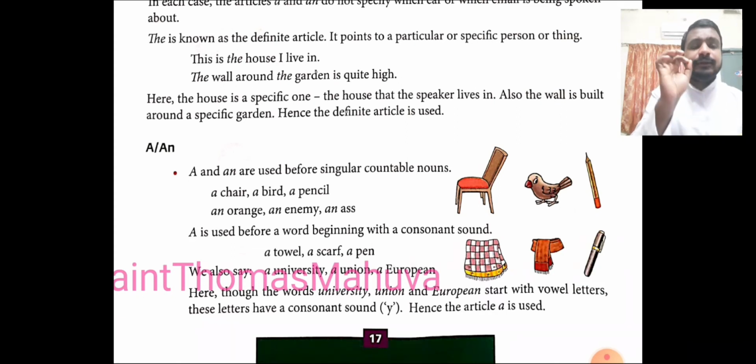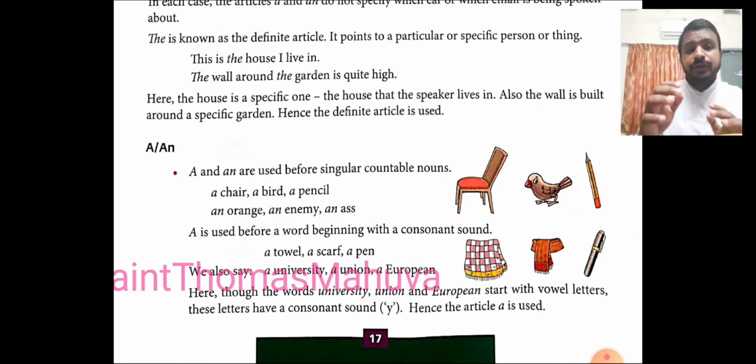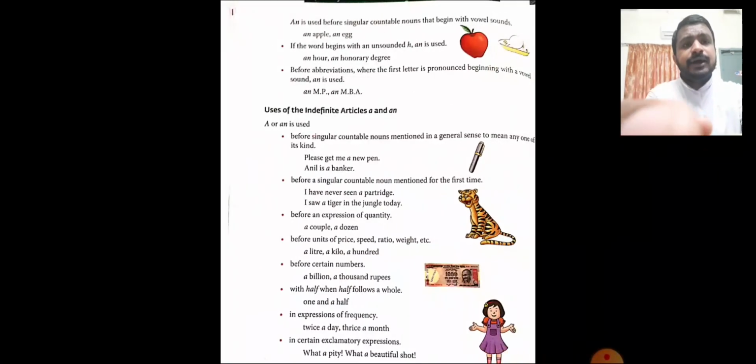Though the letter which is starting is U or E, the pronunciation or the sound differs. University or European, whenever you pronounce, we pronounce by starting with the sound Y. That's why we have not used the article an. So now we shall look at the third rule.